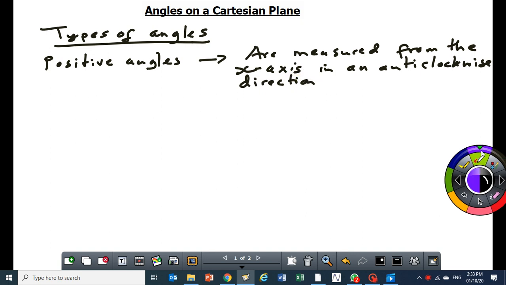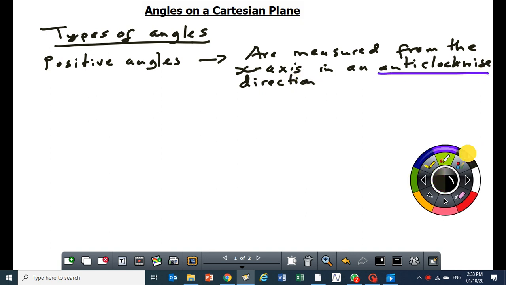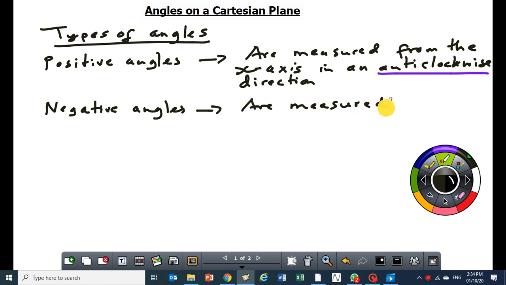Okay, this word here is very important. Okay, then your negative angles, they are measured from the x-axis in a clockwise direction.